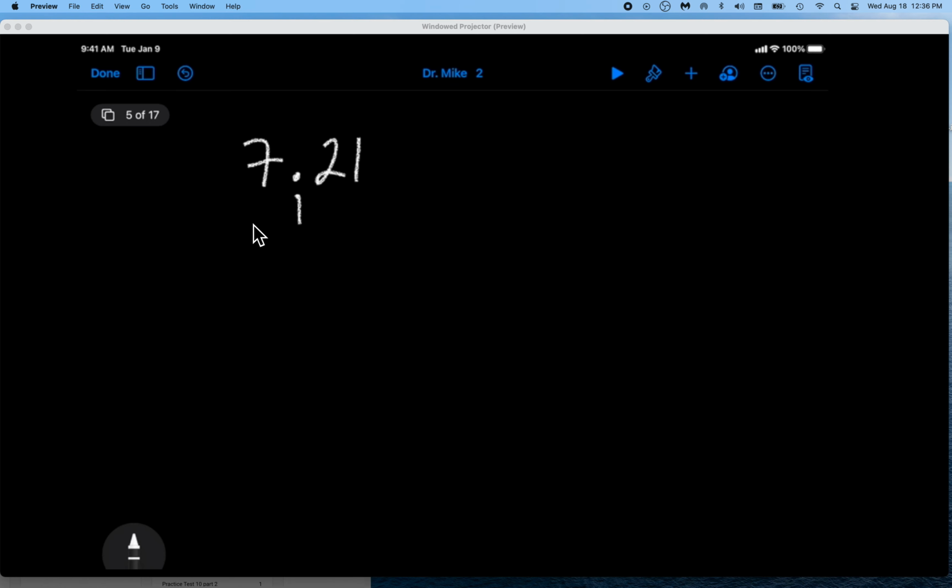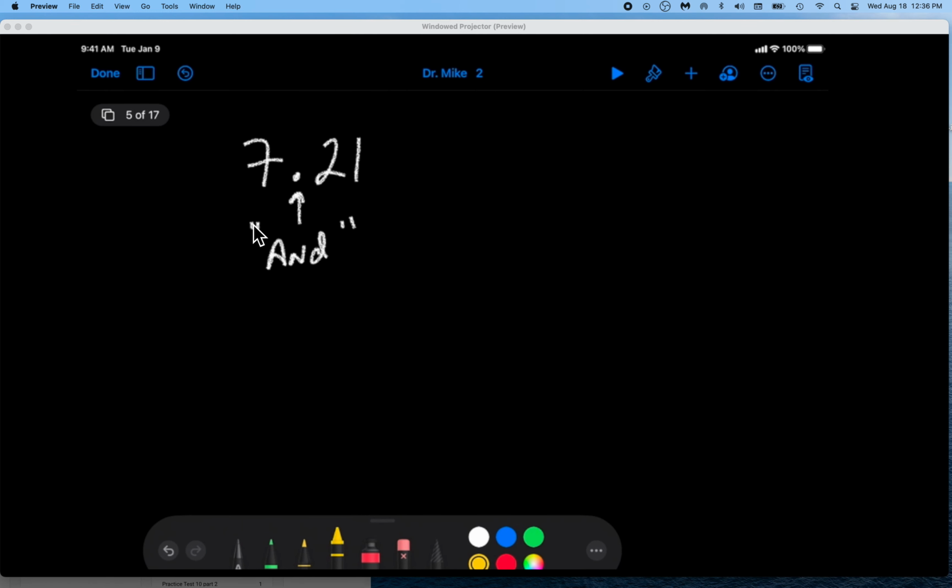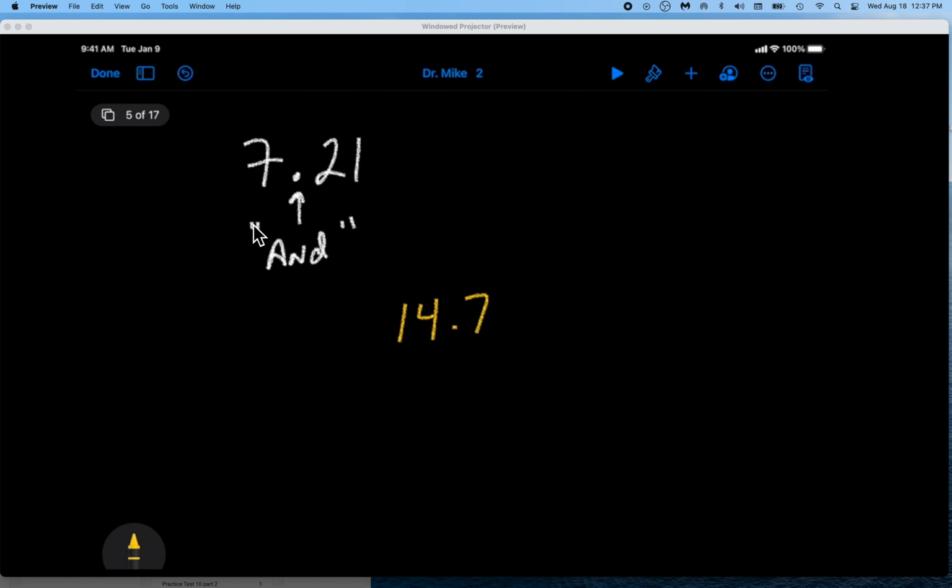So when we get to the decimal, we use the word and. This would be 14 and 7/10ths, because it's in the tenths place.